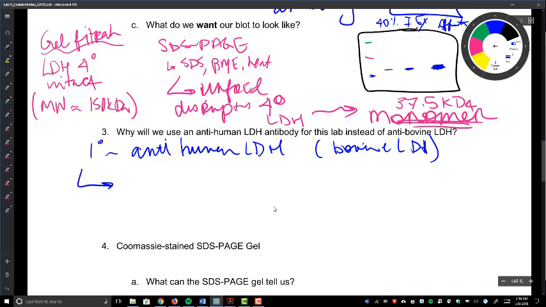First of all, I don't want to say it's out of laziness, but it's out of convenience, because anti-human LDH is commercially available.